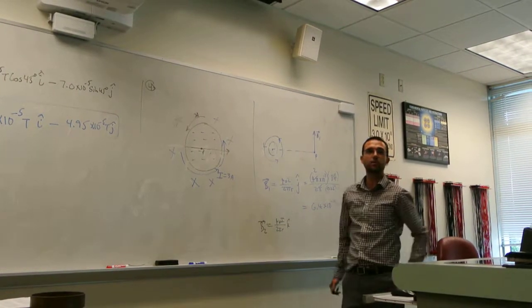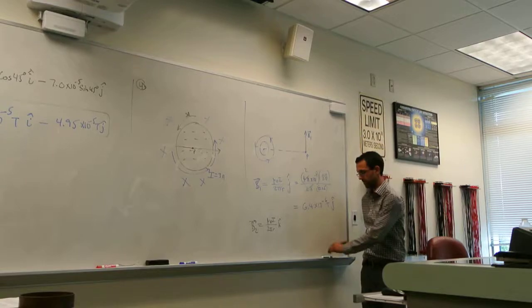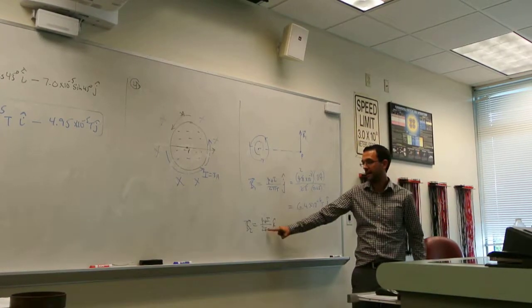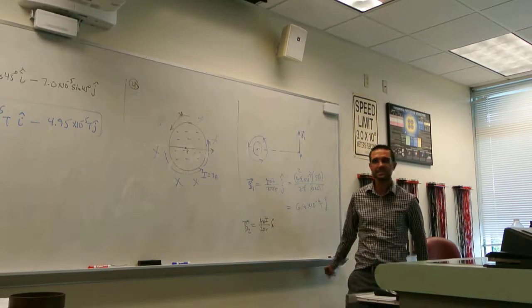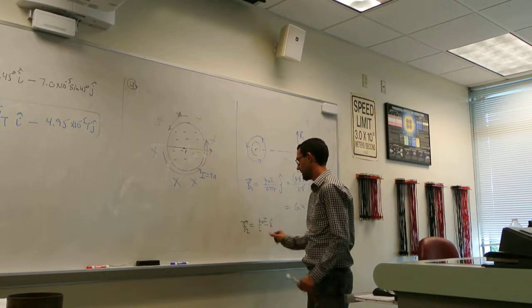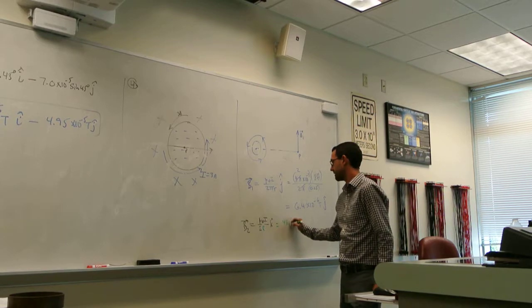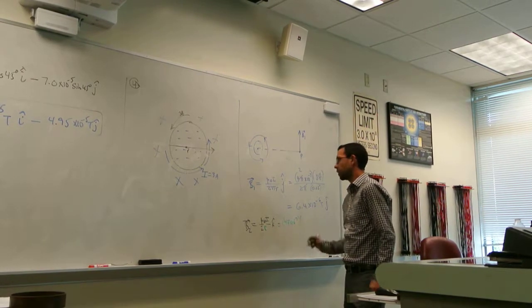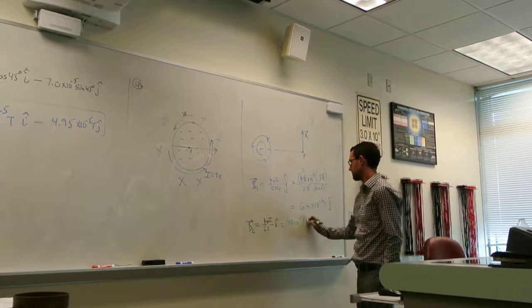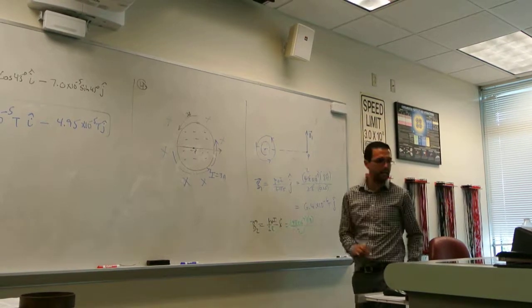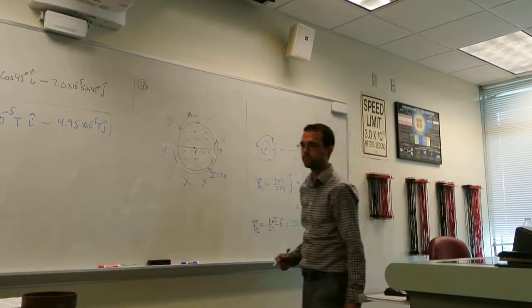Something's incorrect. Who can spot it? There's no pi in there, right? This is a loop. This is not a wire. This is not a long straight wire. This is a loop. So it looks like this. So mu naught is 4 pi times 10 to the minus 7. How much current is flowing there? 3 amps. Divided by 2 times the radius. And what's the radius of this guy?